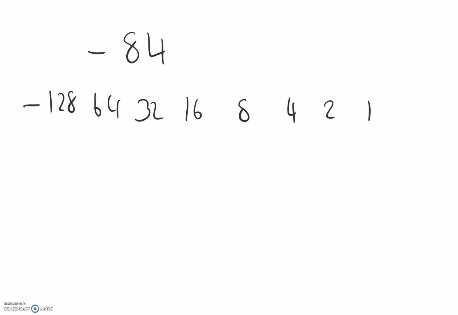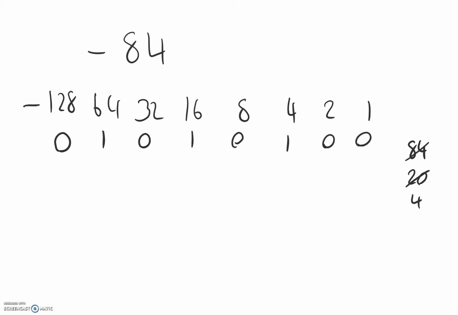So sometimes the easiest way is to actually find out the positive version of 84. So I've got no 128. I've got a 64. So 84 minus 64, I've got 20 left to find. No 32s, I've got 16. 4 left to find. No 8. There's a 4. 0, 0.